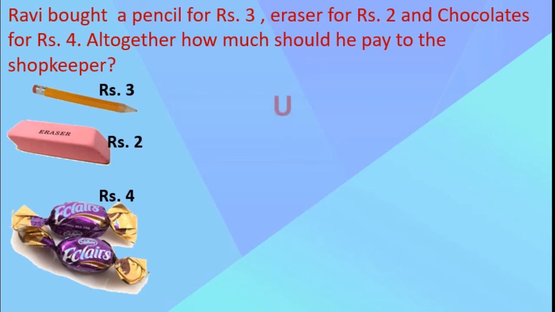Only single numbers are there, so I will write units. First 3 rupees of pencil, 2 rupees of eraser, plus, and one more is there, that is 4 rupees of chocolate. We will add all 3. Now 3 plus 2 is 5, plus 4 is 9.